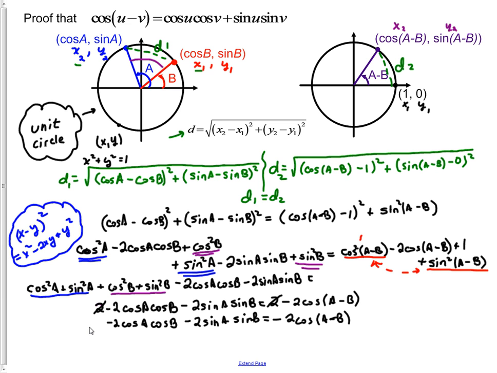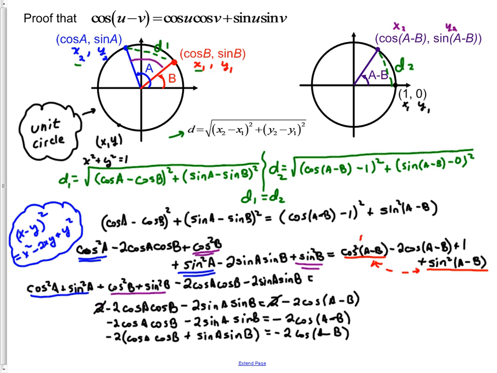And on the left-hand side, we might notice that we have a common factor of negative 2 between each of these two terms. So if we factor that out, we get negative 2 times (cosine A cosine B plus sine A sine B) equals negative 2 times cosine of A minus B. And you know what that means.